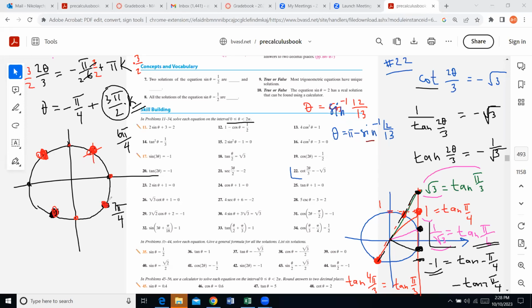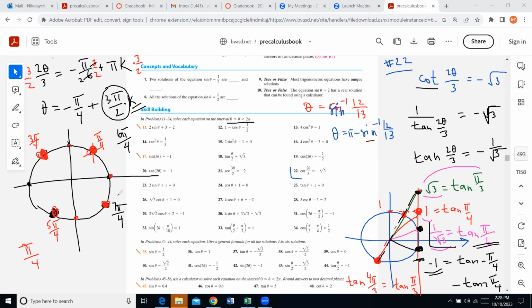And now if you keep doing this again and again, you will keep getting more and more of these points. So my solutions are actually pi over 4. Actually, I'll put them here in the picture so you better see them. So it'll be 1 pi over 4, 3 pi's over 4, 5 pi's over 4, and 7 pi's over 4.